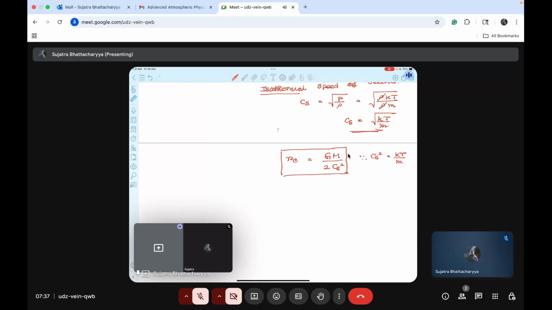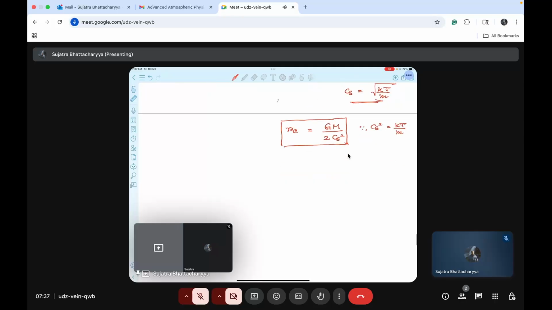The 2kT by mr is coming from the pressure gradient. So the pressure gradient plays a role at larger distances, and at smaller distances it is dominated by gravity.